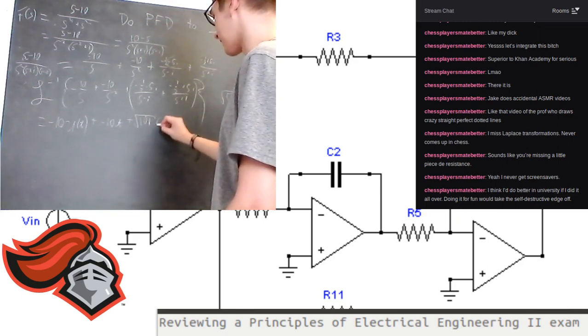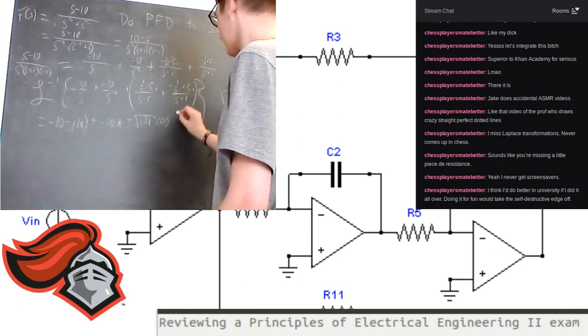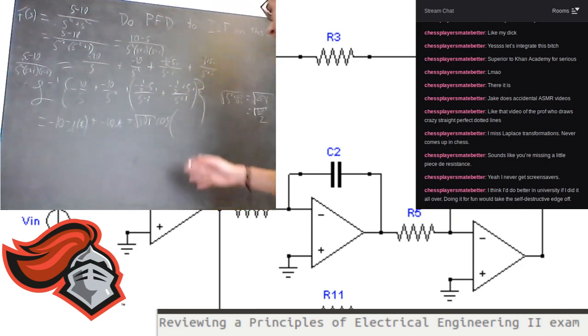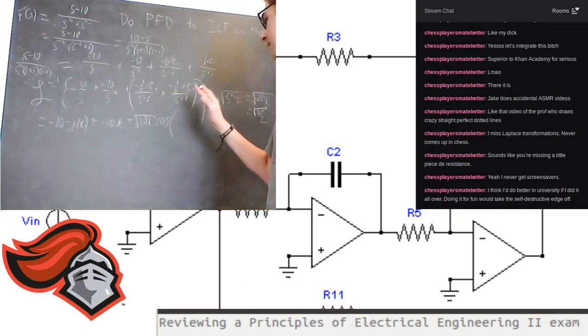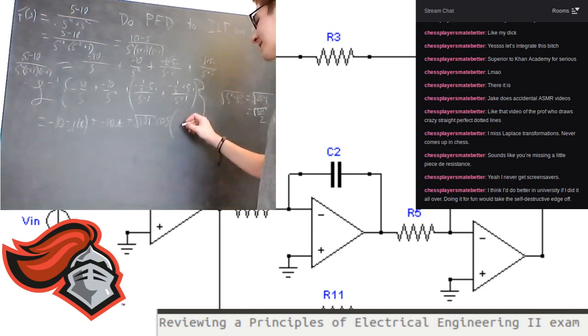And then the cosine, our alpha is, or I'm sorry, it should be our beta. Our beta is the coefficient of the imaginary in our denominator, which is 1. So we get just t, 1 times t.